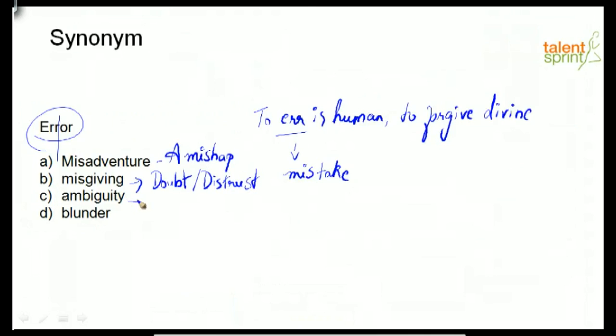Ambiguity. When I say ambiguity, you're talking about a state of confusion. Again, doubtful, uncertain. And blunder is our answer, which Ashim got. Right? A blunder is nothing but a mistake. Typically, you make it because you're careless or you're ignorant.